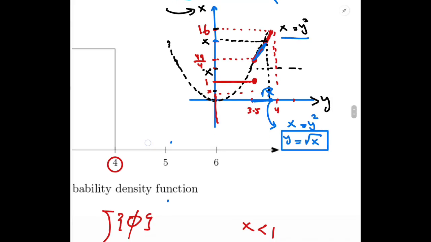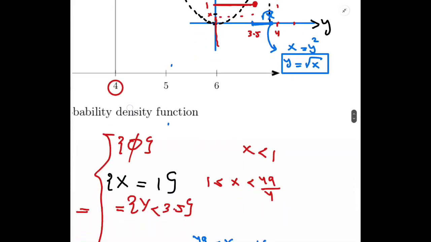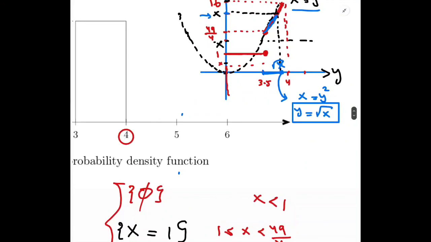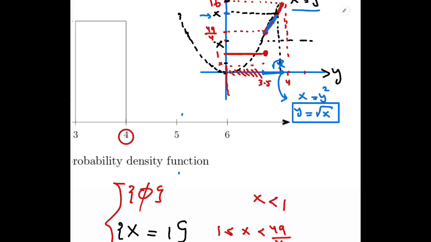Which means that the probability that X is less than or equal to small x is given by the probability that y is between 3.5 and root x. So the event 3.5 less than or equal to y less than root x, union the event y less than 3.5.